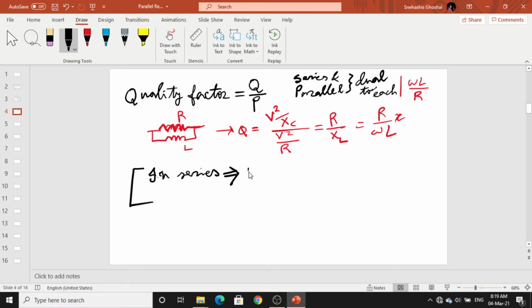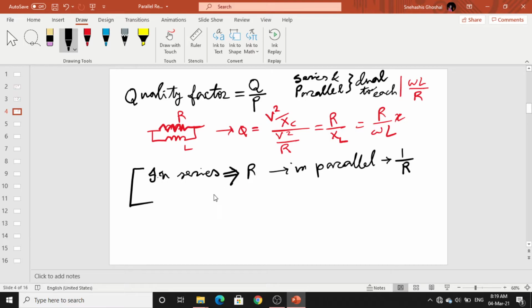Just like in series, what is resistance? In parallel, you represent the same formula with 1 by resistance. So I am giving you one short trick. If the series circuit concept is clear, wherever in series circuit R is there, put 1 by R. That will be valid for parallel.